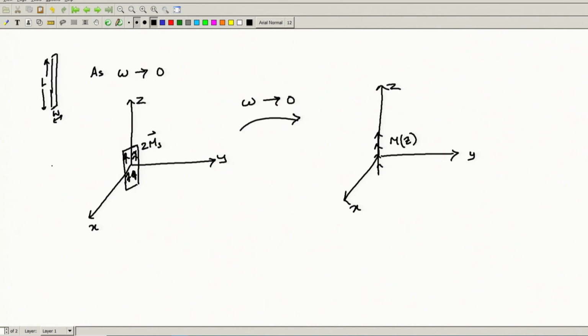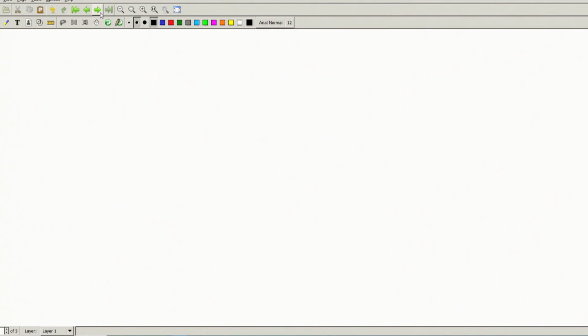So now we know the radiation field for a dipole.